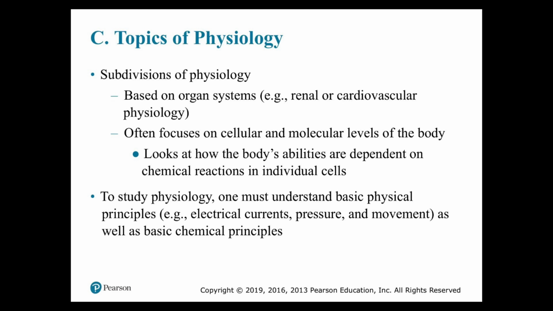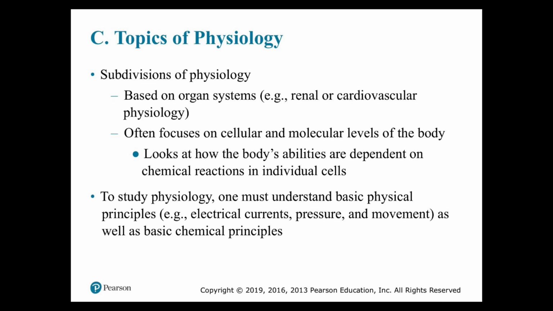As we said earlier, human physiology is the study of the functions of the human body. These functions are complex and much more difficult to examine than most anatomical structures. As a result, there are even more specialties in physiology than in anatomy.